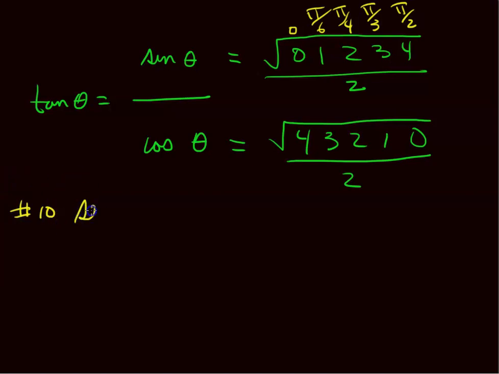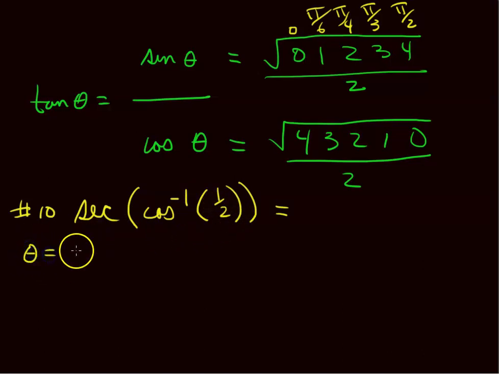The secant of the cosine inverse of 1/2. This is going to equal, well, let's see. The cosine inverse of 1/2, that's some angle. I'm going to call it theta, is the cosine inverse of 1/2.